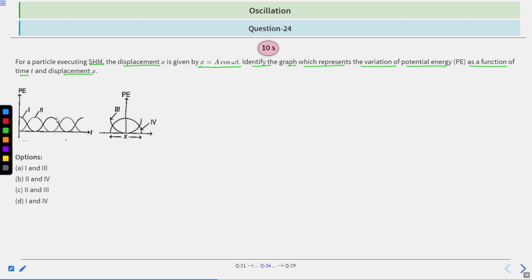Options: A is first and third, B is second and fourth, C is second and third, and D is first and fourth. Which option is correct? You have 10 seconds to solve this question. After 10 seconds, we will provide the solution.